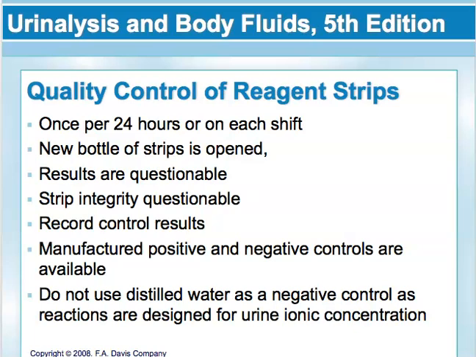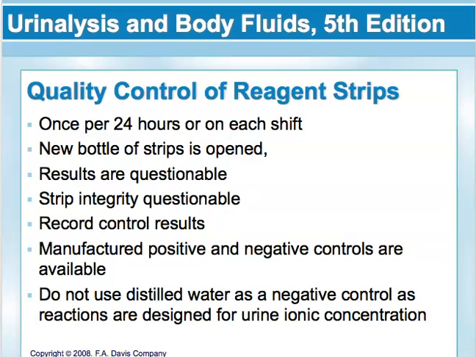So positive and negative controls for our urine reagent strips have to be run at least once every 24 hours or when a new bottle of strips is opened. So if it's from a new lot number or a new shipment, we would have to perform QC, or if there is any kind of concern over the integrity of the strips.